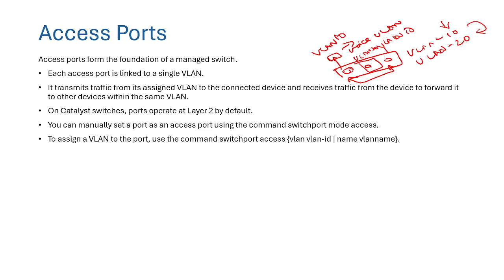So you go into the interface, for example interface FA0/1, and configure switchport mode access, then switchport access vlan, and the VLAN that you are going to configure, VLAN 10 or VLAN 20. You can use the VLAN name or the VLAN ID. There are two options, but by default people configure with the VLAN ID as a standard.